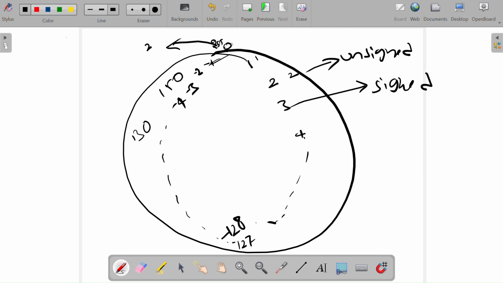In the same way, how can you represent -5? I can make one thing here, clearly.